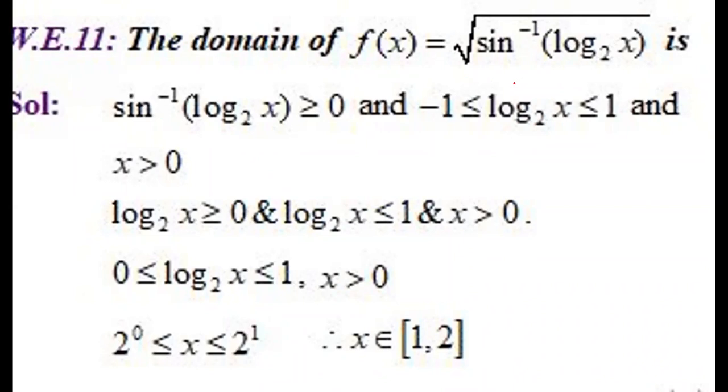So root over g of x is defined if g of x is always greater than or equal to 0. So the same thing we're writing here also. What is the condition here? Sine inverse of log x greater than or equal to 0. Since sine inverse x always lies between -1 to 1, we are using this property.